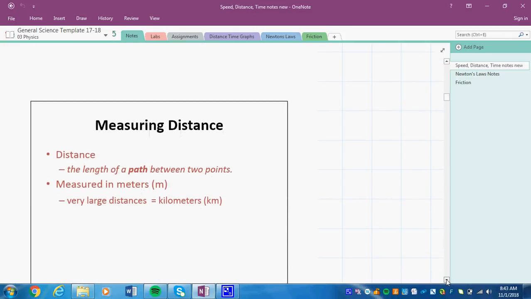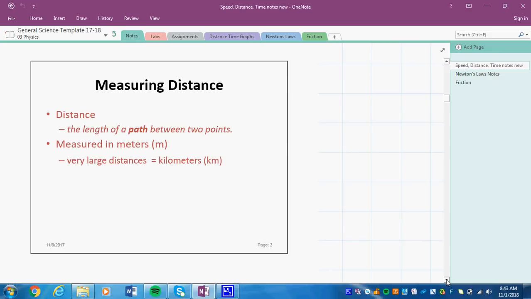So, how do we measure distance? Well, distance is essentially the length between 2 points, and we can measure that in lots of different ways. Interesting. I remember when I was a kid, my grandpa used to measure things in rods and chains, and that's a hangover from the old days, in the sense that they used chain-driven equipment.